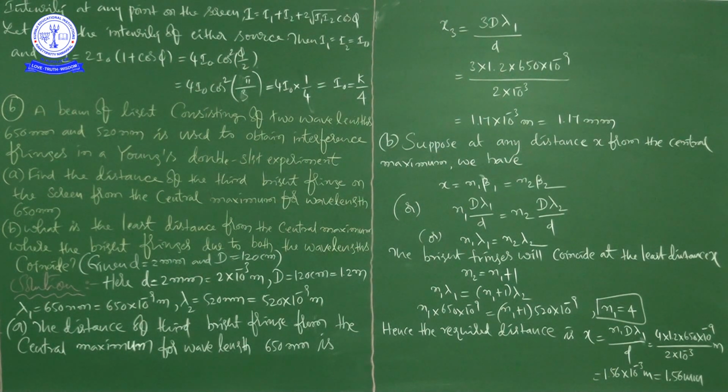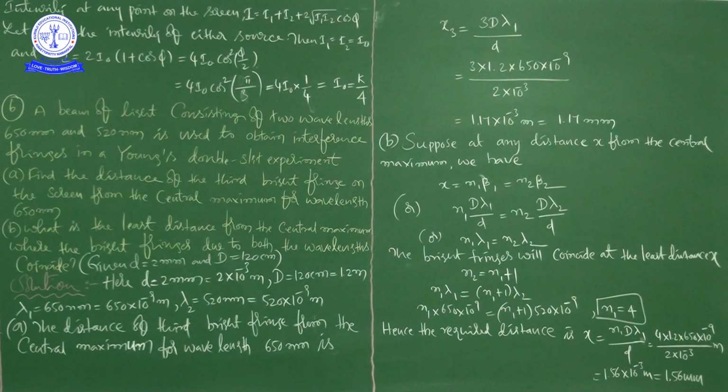Then if you observe carefully what happens on the screen, what about the central portion, what about the end portion along the positive x-axis, and the bottom portion along the negative y-axis? What happens in that experiment we clearly know. Here he is asking what is the least distance from the central maximum where the bright fringes due to both the wavelengths coincide.